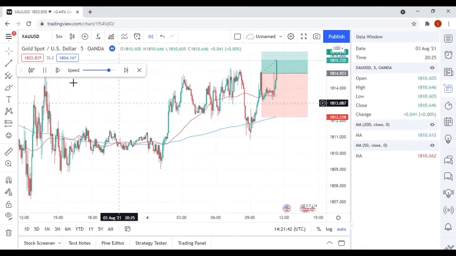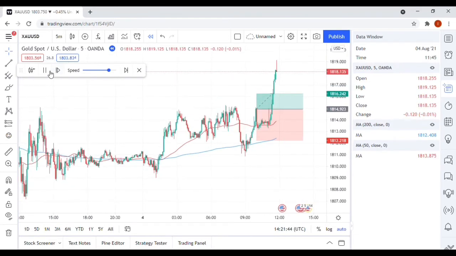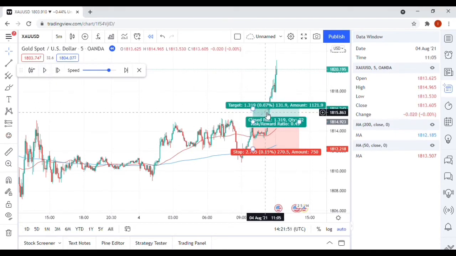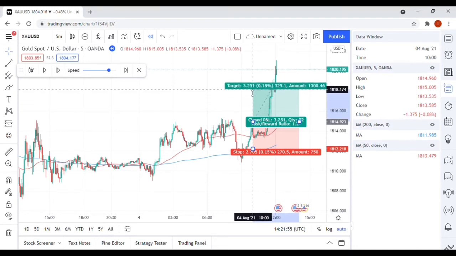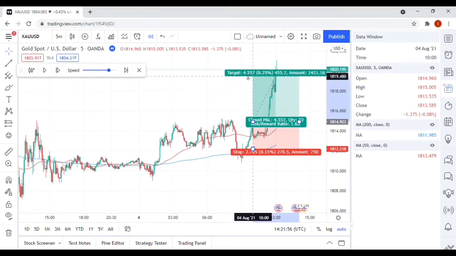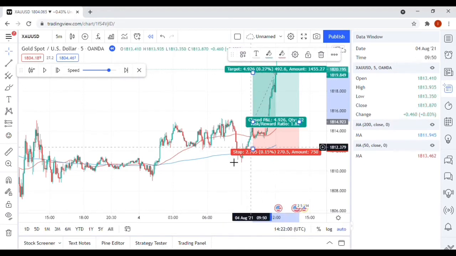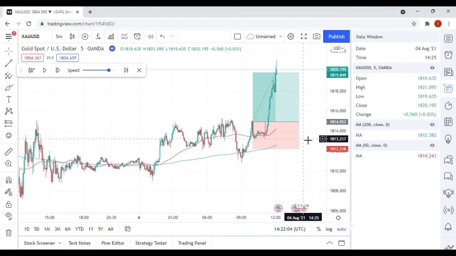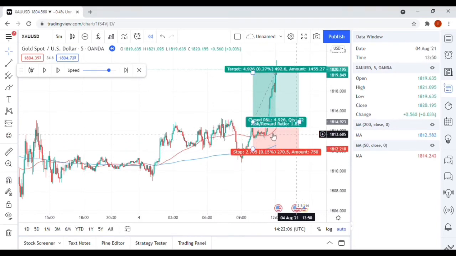Let's just pause it here, and let's just adjust so that you can see what I mean by a 2-to-1 risk ratio. 2-to-1 means that you are risking 1 for the benefit of 2. So in this case, the red square here is the amount that you are actually risking, and the 2 is the amount that you are actually planning on taking as your profit.